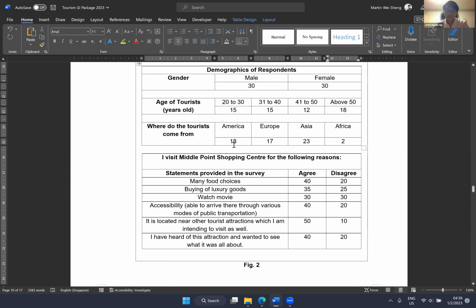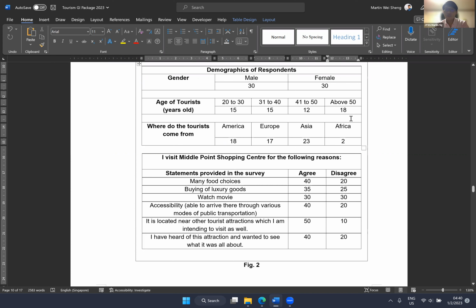Then the students, they also ask questions on where the tourists came from. So they wanted to find out the country or origins of the tourists. And then the results are as follows: 18 from America, 17 from Europe, 23 from Asia, and 2 from Africa.